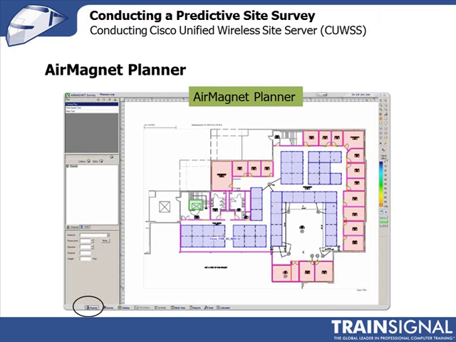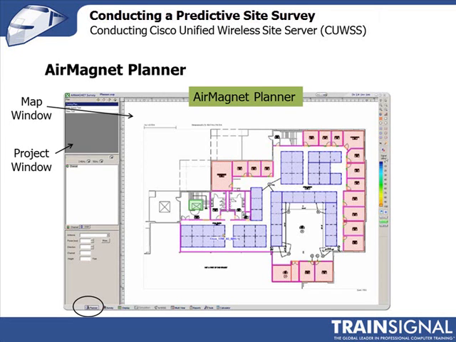Now, down in the bottom here where I've ringed it round, this is the tool where you click on it and say, I want to go into the planning mode. And then what you see is a map window where I can bring in my image, and this is where I'm going to generate my heat maps. Then I have the project window, and the project window is really where I'm going to be managing my project.